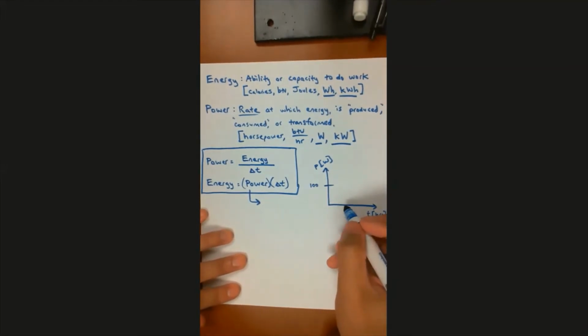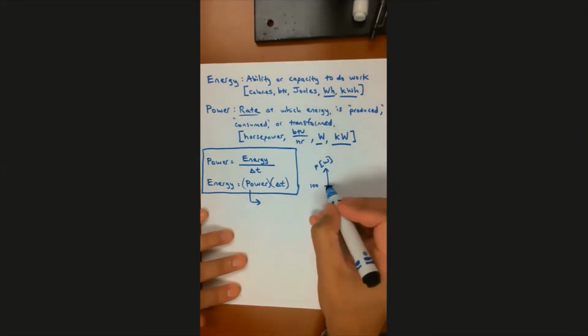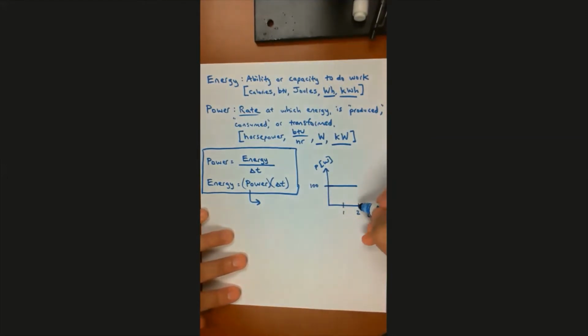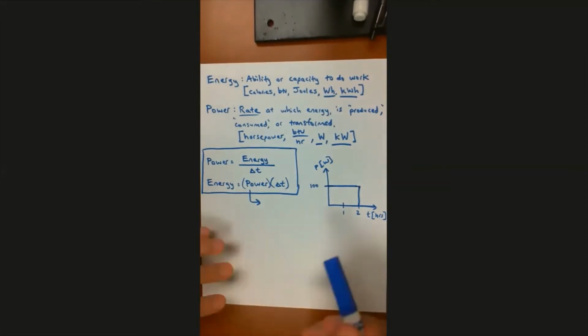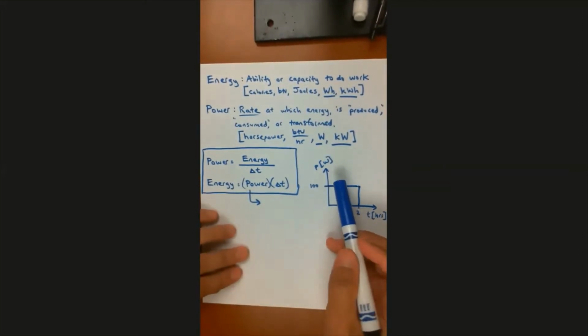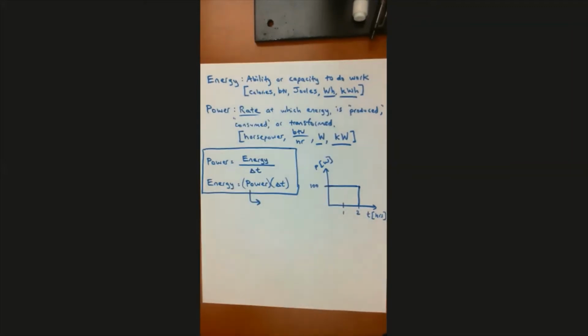And I'm going to say this 100-watt light bulb is turned on for 2 hours. All right. So I plot that, and it's on for 2 hours. Now, a 100-watt light bulb consumes 100 watts of power. All right. And it doesn't change. So it's not like it's consuming 110 watts sometimes and 90 watts sometimes. It's just constant, and it's consuming 100 watts.